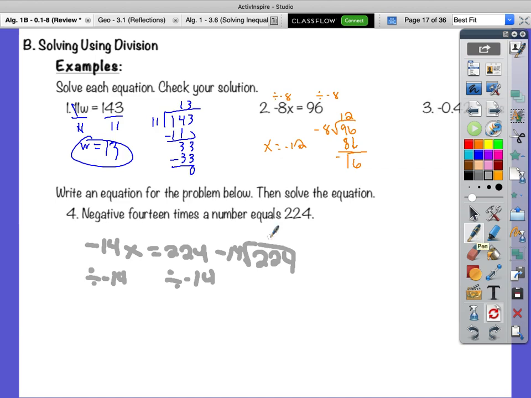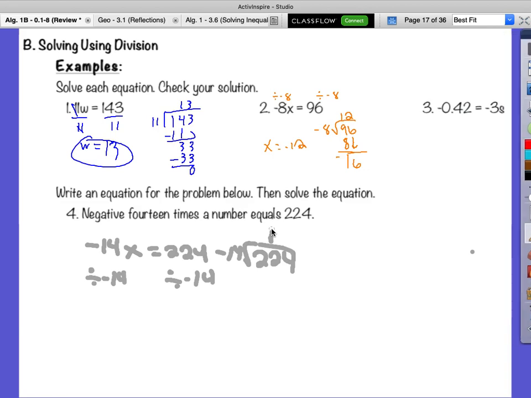Okay, so it's this one. So that would be minus 14, which is 8. Okay. Bring down that 4.